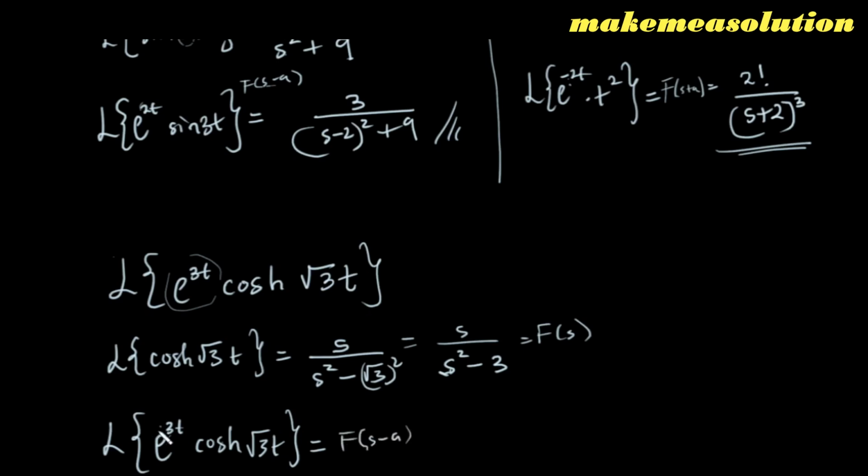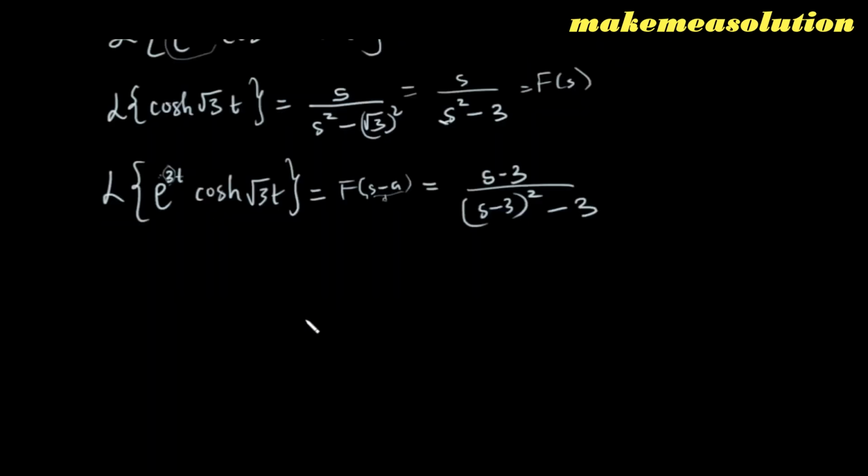When a is positive, you have f of s minus a. This is a delay, and delay is a right shift. So now you need to replace s with s minus a. Here a is 3, so you will have s minus 3 all over s minus 3 all squared minus 3.